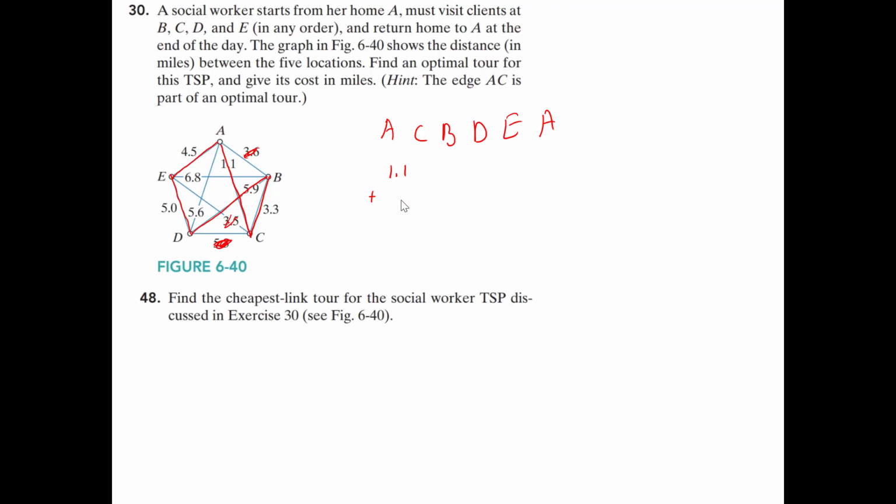C to B will be 3.3. B to D will be 5.9. D to E will be 5.0. And then E to A will be 4.5.